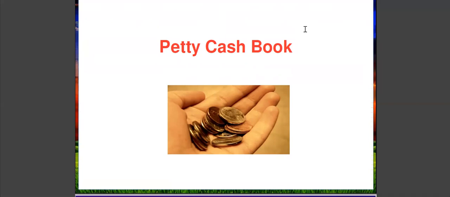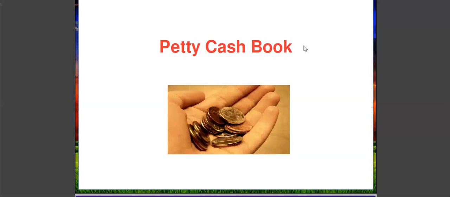So we keep a petty cash book to avoid unnecessary work. Also, each and every cash transaction must be recorded, even 1 rupee or 50 paisa, whatever it is. Then only can we get our profit accurately.